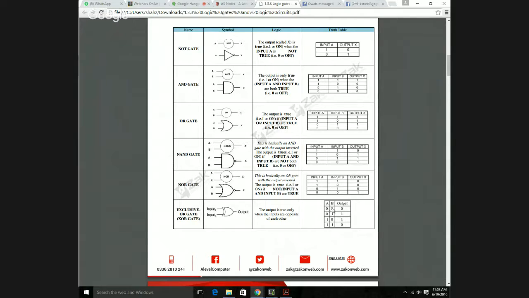So if both are females, we get 0 as the output, and if both are males, we get 0 as an output. So they should be dissimilar. If we have 0 1, output will be 1. If 1 0, then output will be 1. So this is the XOR gate. If inputs are similar, output will be 0, else output will be 1. Again, this goes for 2 inputs or 3 inputs and so on.